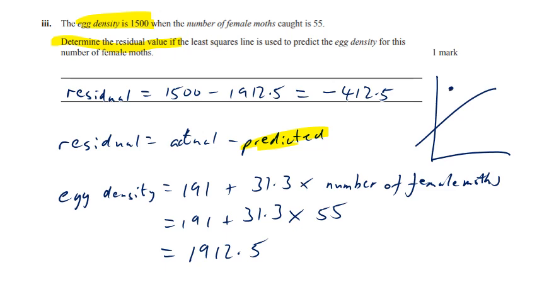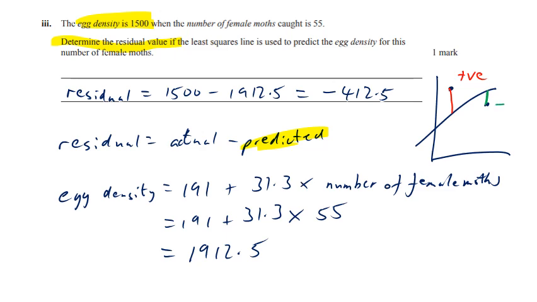So you've got to remember with your graph, when you've got a graph like this, you've got a dot here. That's the residual vertically up and down. And so if that's more than the predicted, it's positive. So these guys are going to be positive. Whereas if you have a dot that's below the line, which we do have in this case because 1500 is below the line of 1912.5, then you get a line going down like this.